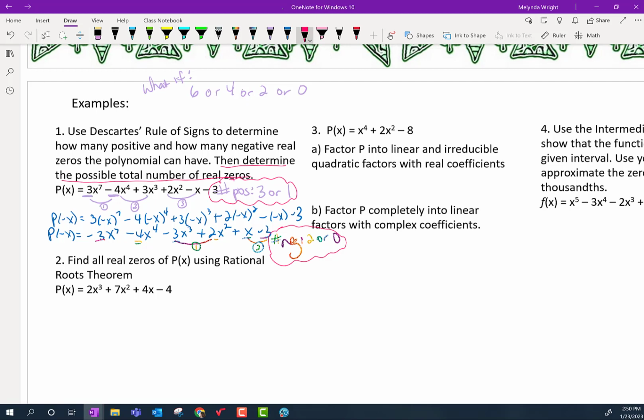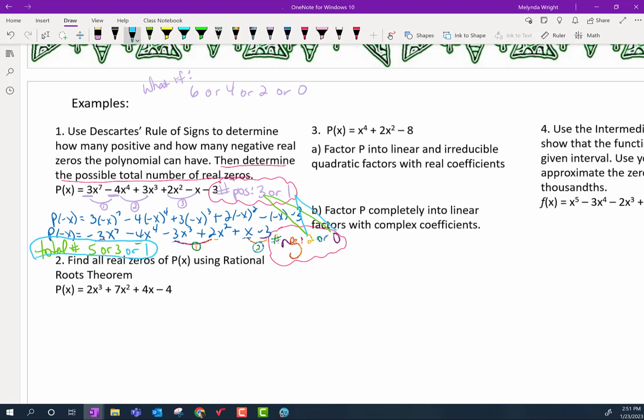So I'm going to put the 3 with the 2, and this is the total number. 3 with the 2 gives me 5, or 3 plus 0 gives me 3. Okay? 1 plus 2 gives me 3, and I already have 3 written there. 1 plus 0 gives me 1. That's my total.